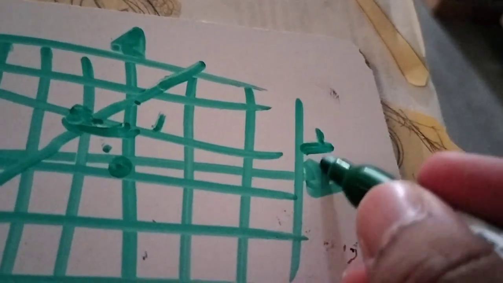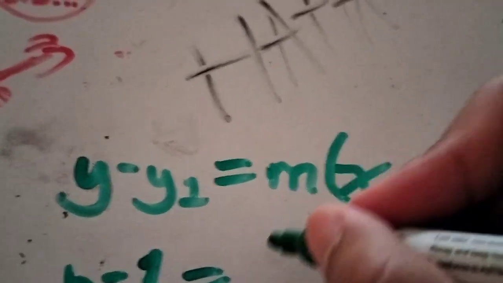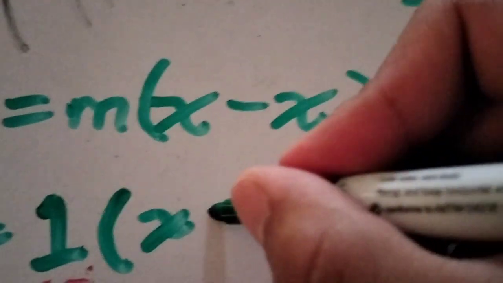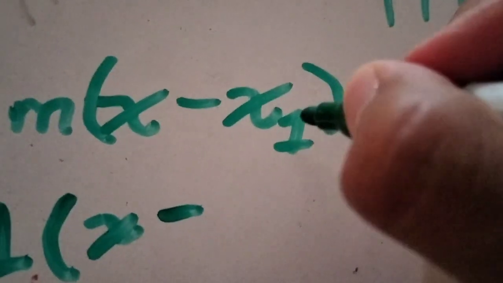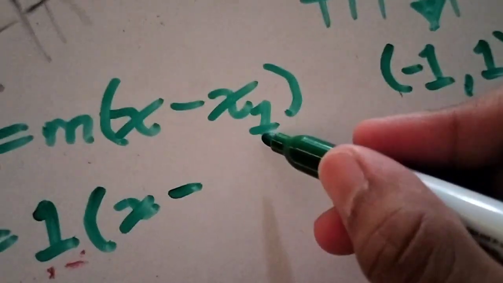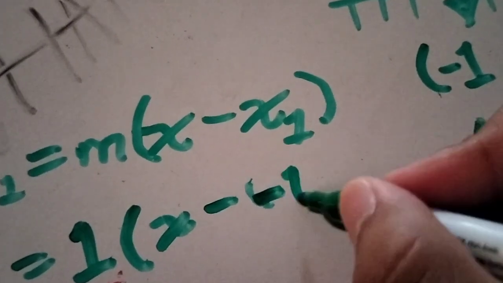So the slope would be 1 over 1, which is equal to 1. So this m, the slope, is 1. I'm going to have x minus, now this is the x coordinate of the point that we have right here, which would be a -1.